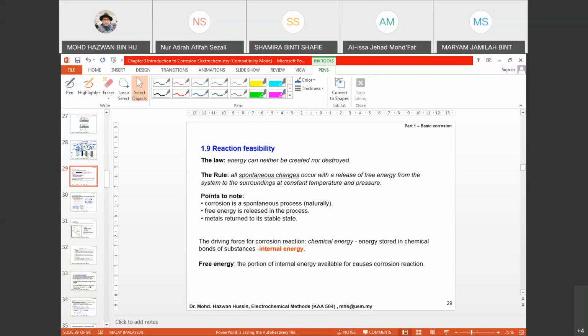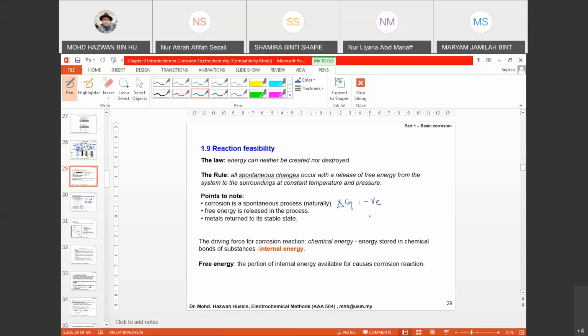Okay, so the point to note is that corrosion is a spontaneous process. For a spontaneous process, I guess I told you earlier, delta G should be what? Less than 0. Negative. Okay. Right.